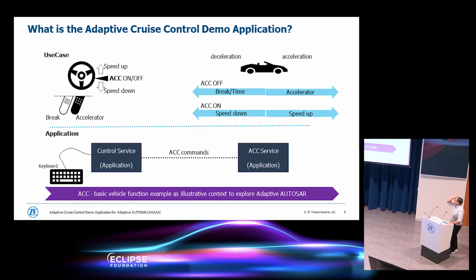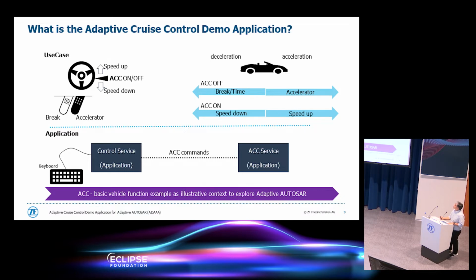What you see here is the use case. It's a very basic use case. We just felt it should be automotive, so it's the adaptive cruise control use case. There is a car that accelerates and decelerates, and there are two modes, ACC on and ACC off. If the ACC is off, you use brake and accelerator to drive the car.